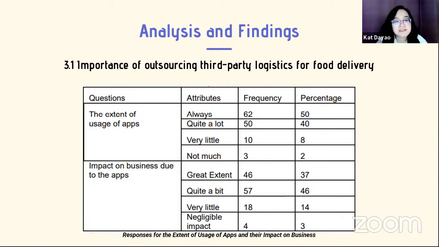It can also be seen that the usage of apps has impacted their business a lot. 37% have been impacted to a great extent, 46% to quite a bit, 14% have been impacted very little. However, 3% have a negligible impact on their business.